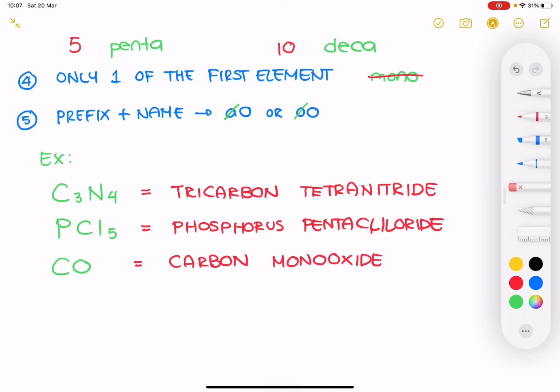But since I have double O in here, I will have to delete one of them and put them together. So I'd say carbon monoxide.